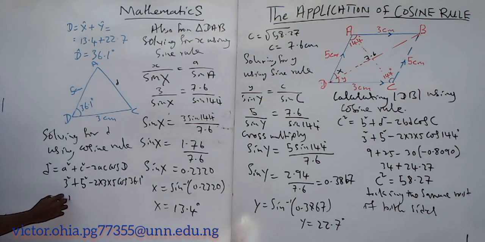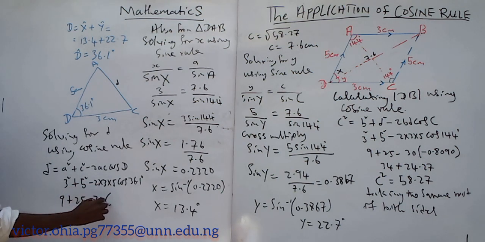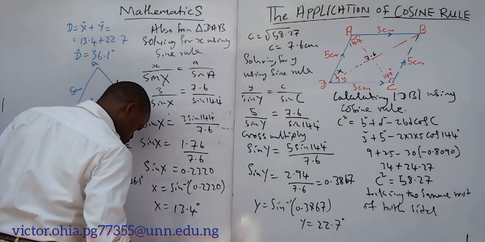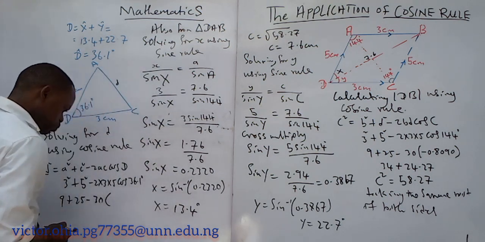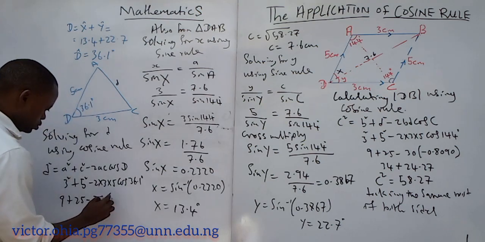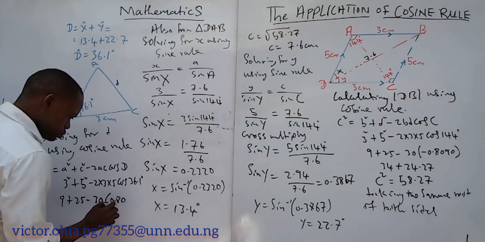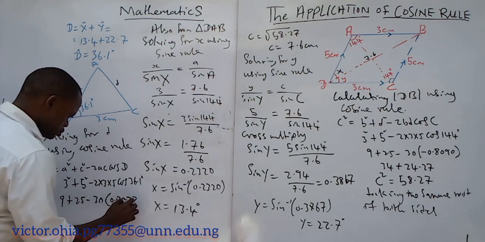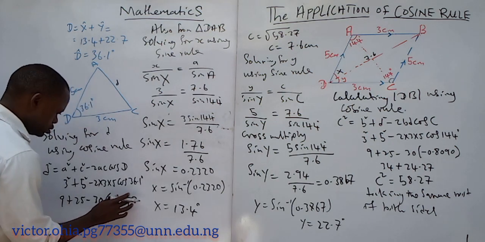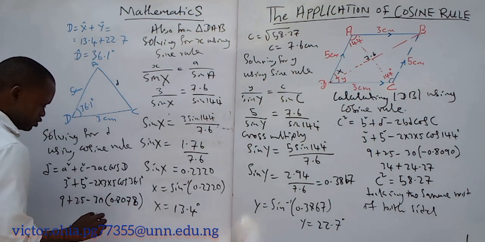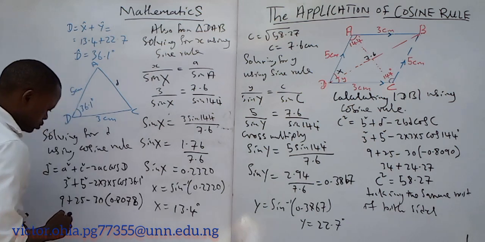So this is 9 plus 25 minus 30, then in brackets cos 36.1, that gives 0.8078. You have to be very careful when you are doing calculation.